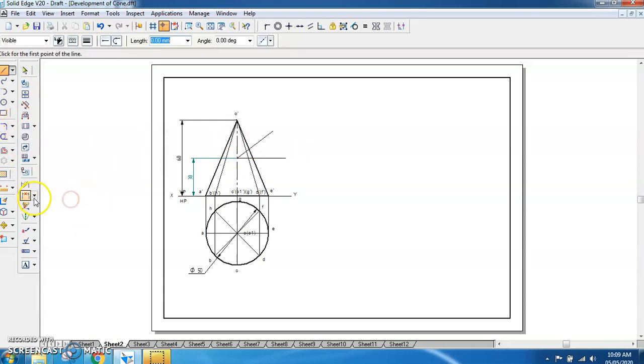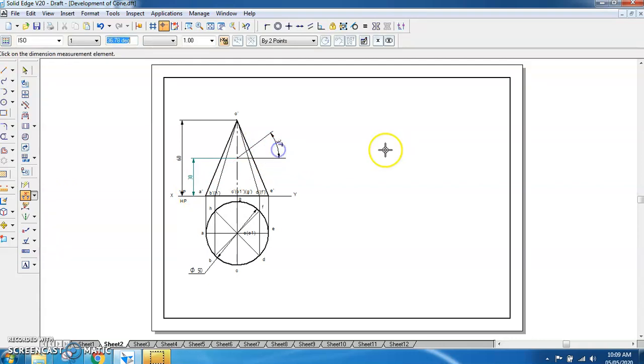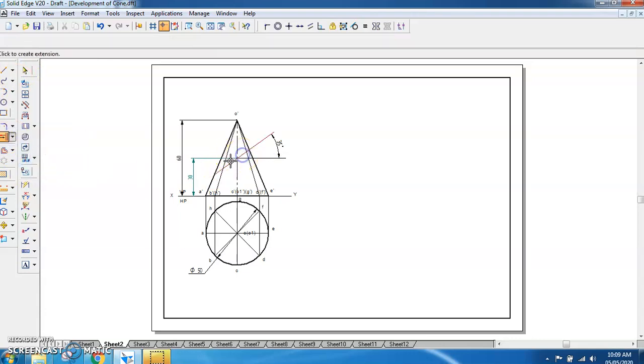So angle is 35 degrees. You are going to mark here 35, and then you can extend this line further so that it will be cutting all the points.